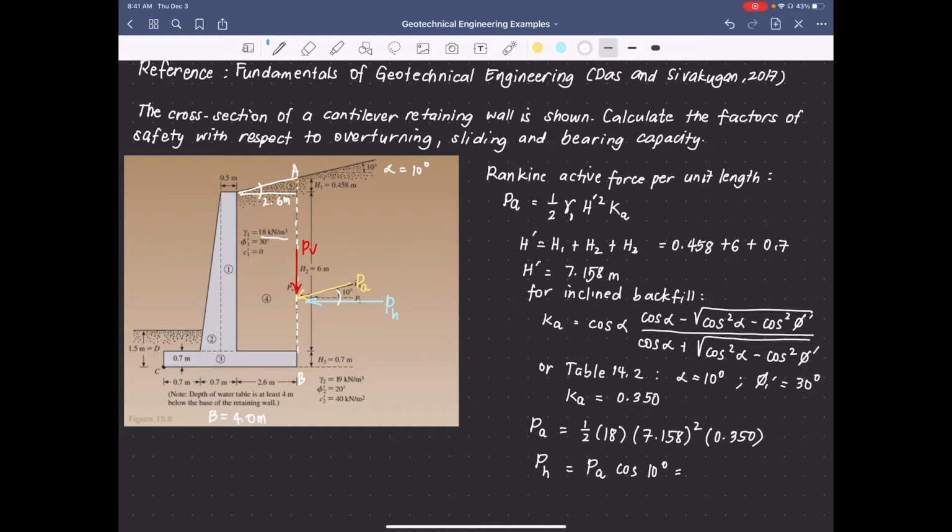Sorry, we haven't calculated the total value of P sub A. If we calculate that, it would be equal to 161.4 kilonewton per meter.